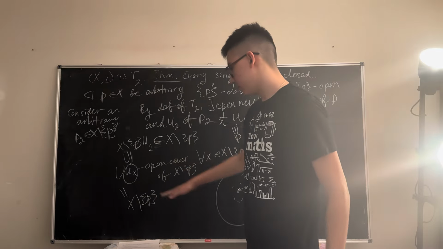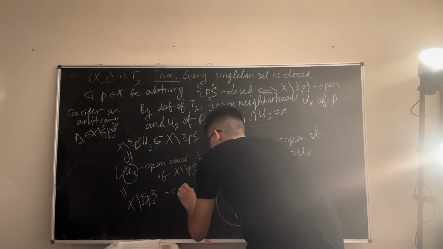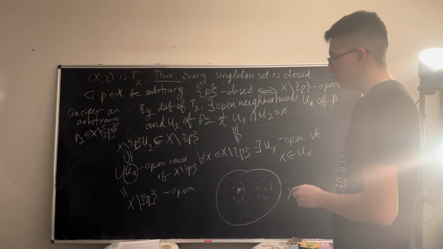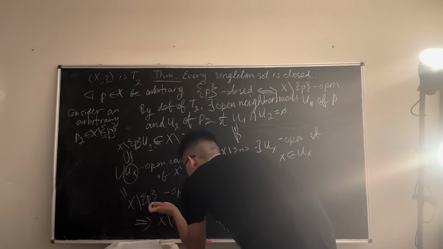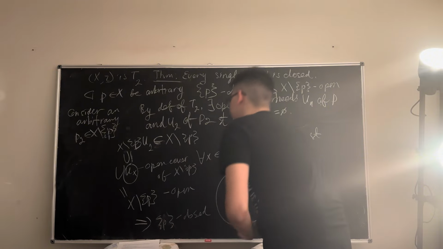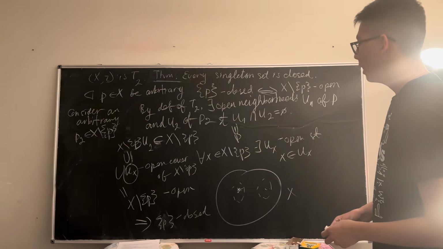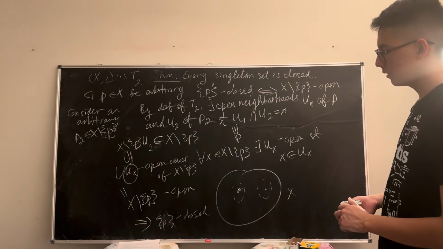Now, it's open, which means that X excluding p is open, from which it follows that the singleton set p is closed. And since p is arbitrary, this works in general for every singleton set.